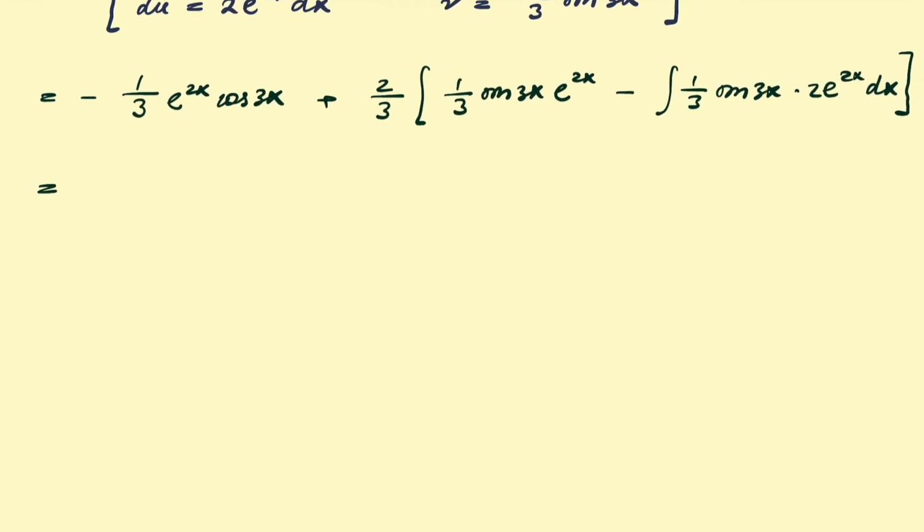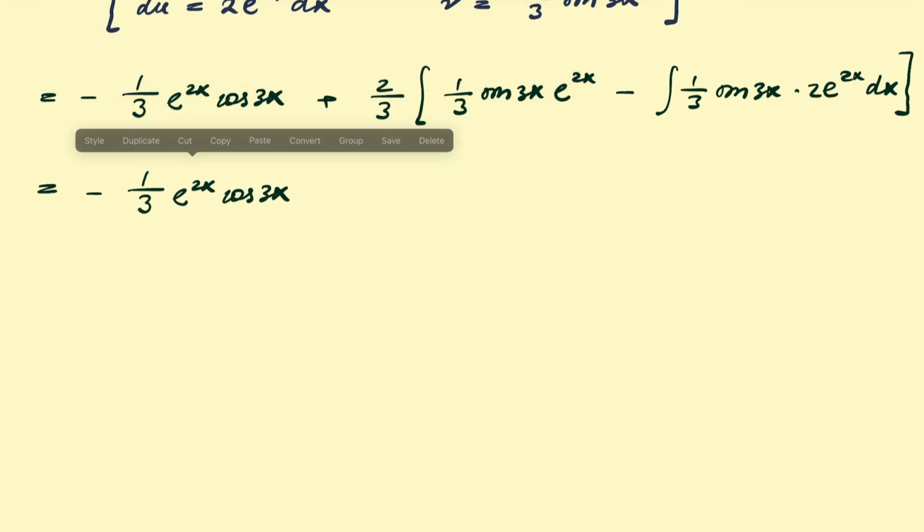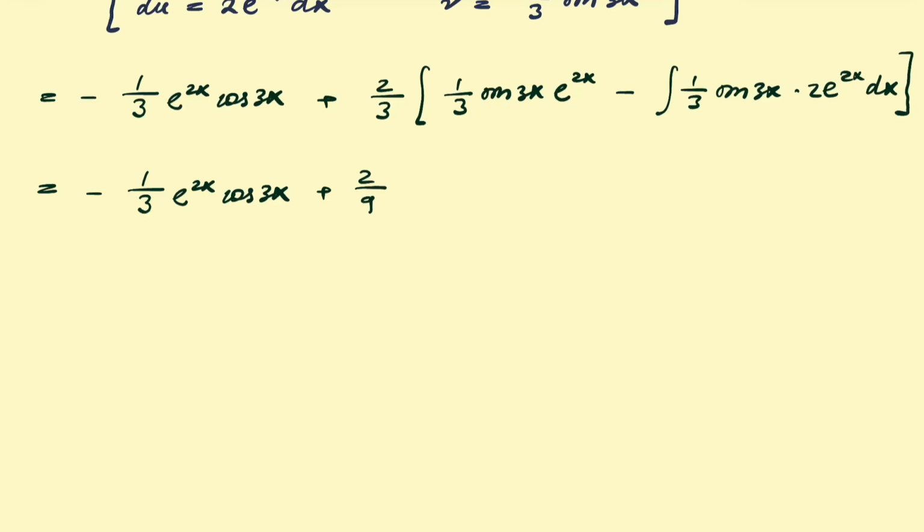As you see, we have a structure of sine of 3x times e to the 2x again, as I was saying before. Alright, I want to write this in a clearer way. For this, I'll copy this. Then plus 2 over 9 e to the 2x sine of 3x minus, let's open up.